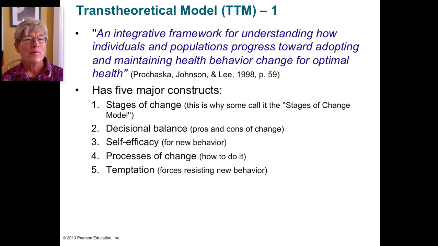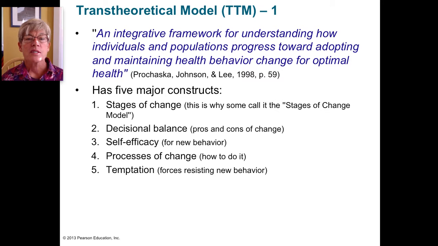So this model reflects the kinds of processes we go through when we look at making an important change. There is a construct that we describe as decisional balance, and that is how we look at the pros and the cons of change. At some point, the pros have to outweigh the cons in order for a person to want to adopt a behavior change. Self-efficacy for the new behavior needs to be addressed using this model.